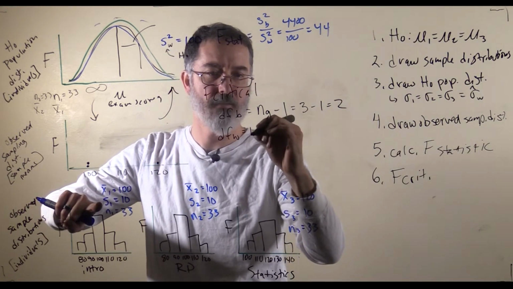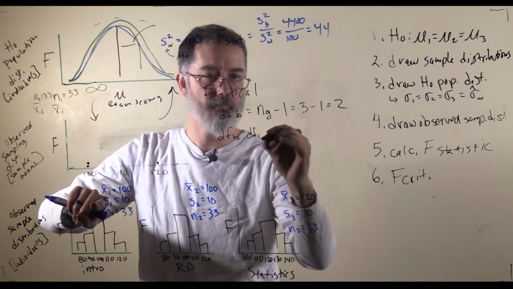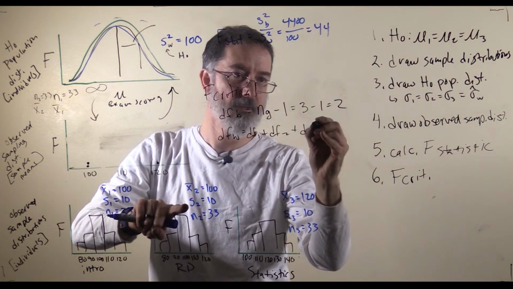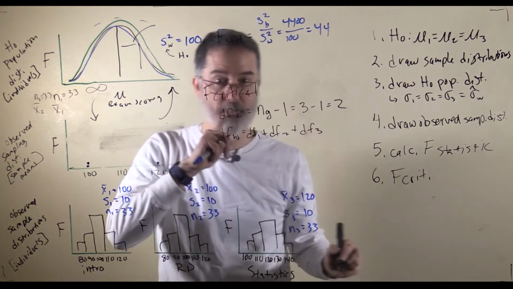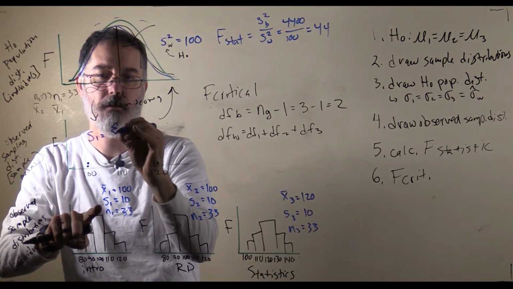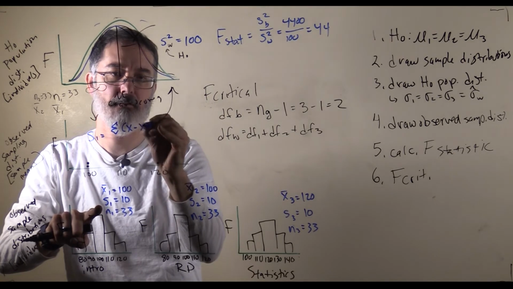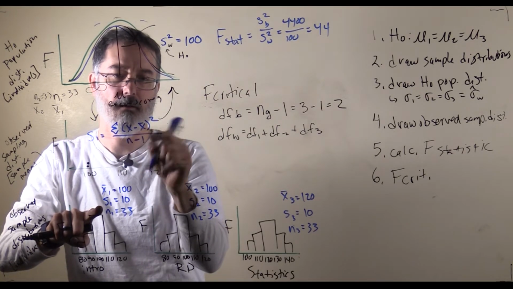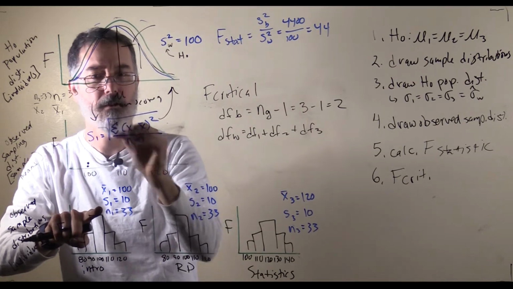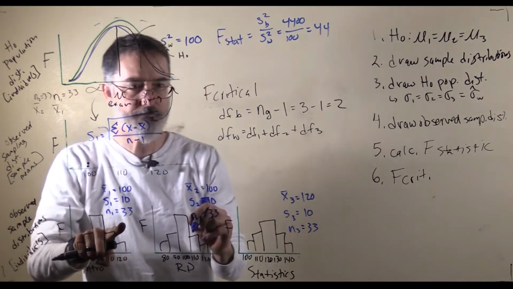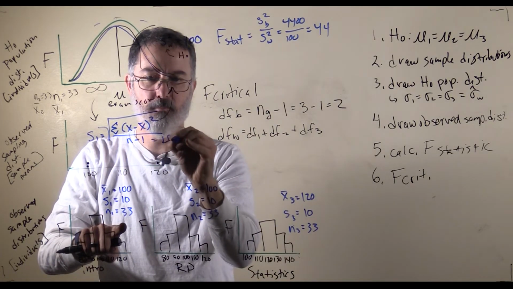So it'll be the degrees of freedom 1 from this group plus the degrees of freedom 2 from this group plus the degrees of freedom 3 from this group. To calculate this standard deviation, recall, we used a regular formula to do so. Our degrees of freedom is down here. This is the degrees of freedom for this group. This is degrees of freedom 1.